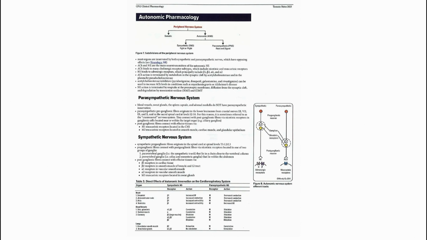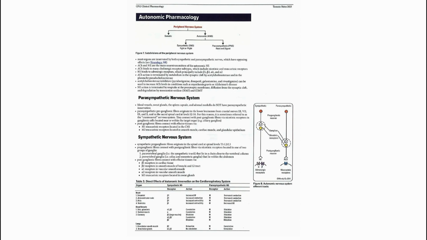The action of acetylcholine is rapidly terminated by acetylcholinesterase within the synaptic cleft and pseudocholinesterase in plasma. Because acetylcholine is broken down quickly, cholinergic responses are usually brief.